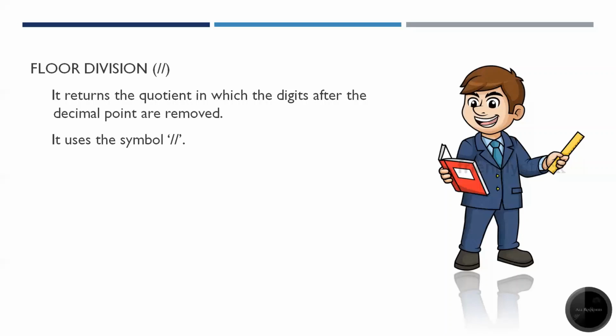If I take 3 divided by 2 and apply floor division on it, the answer would be 1, because when we do normal division, the answer comes out to be 1.5, and when we apply floor division, it rounds it to 1, which is the greatest integer less than or equal to 1.5.